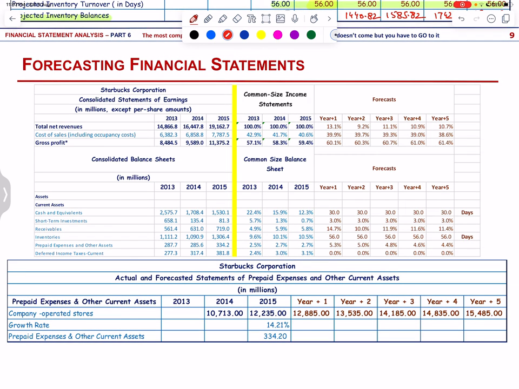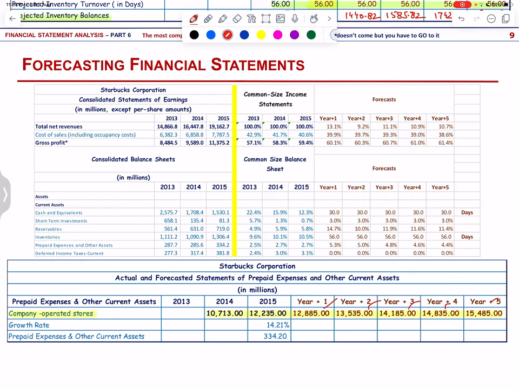For this, obviously, we need to know the company operated stores, and these are given to us, both the stores in the year 2014 and 15 and the forecasted company operated stores for year number 1, 2, 3, 4, and 5. The growth rate is also given to us, but we can calculate it also.